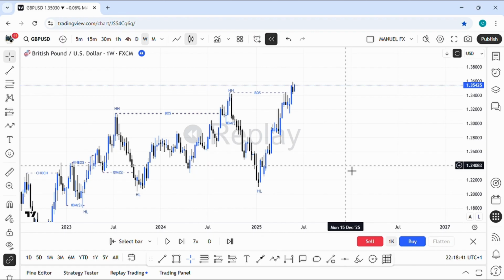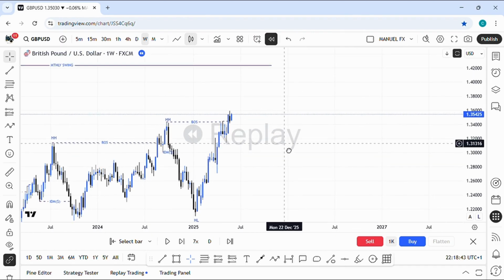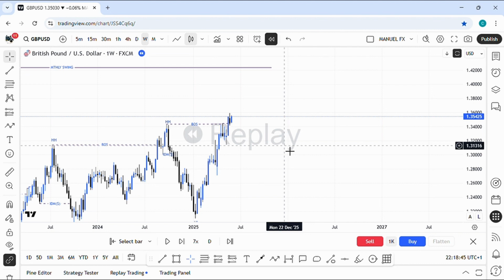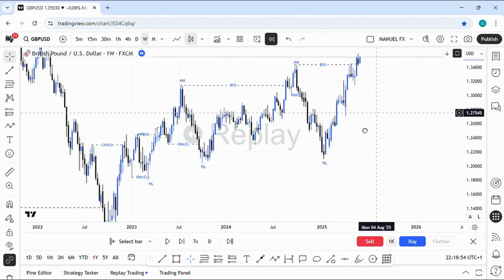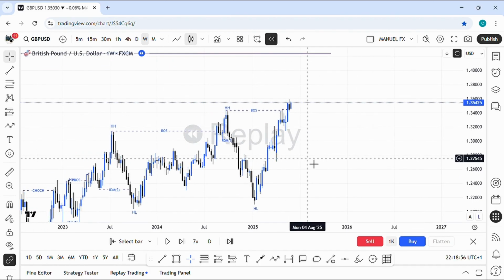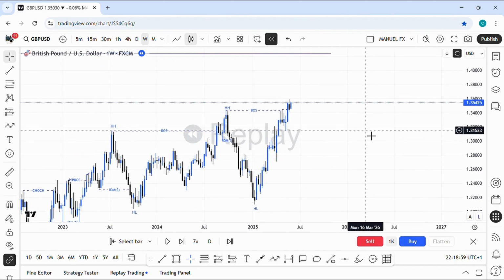Now, as a result of that, I'm going to fast forward the video. I'm going to map out the market structure and fast forward, so that we'll see if we can move down to the daily time frame.